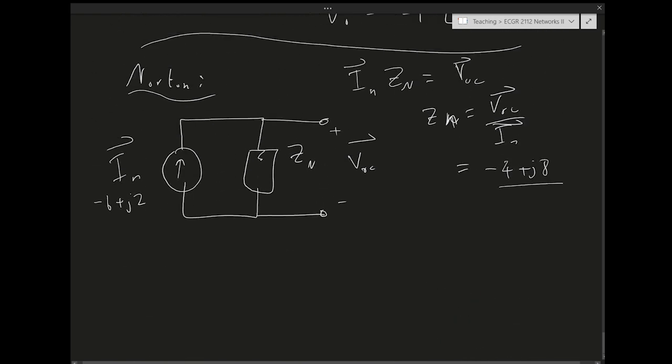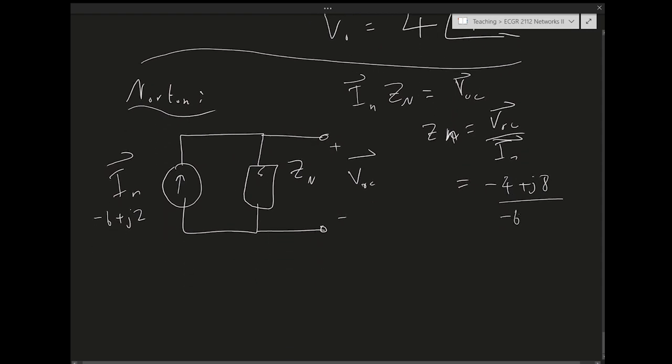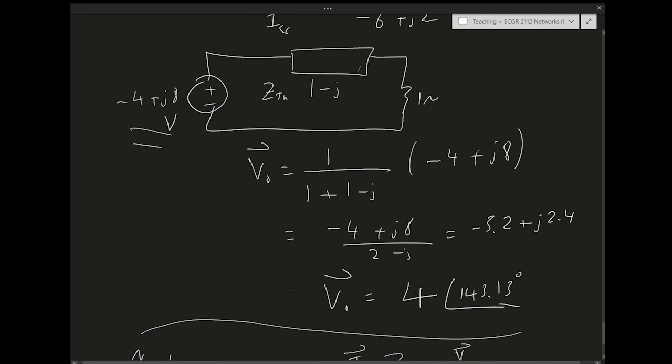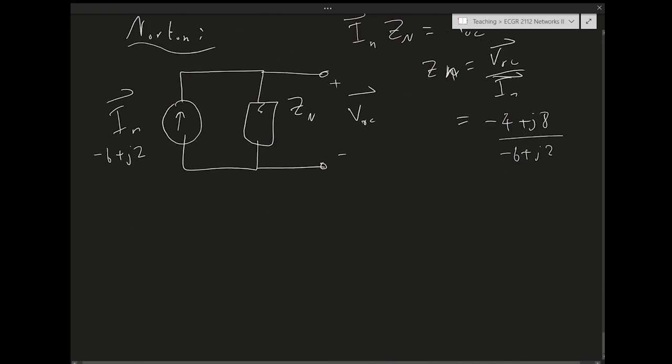And I Norton is equal to the I short circuit, which we already calculated: minus 6 plus J2. But that's exactly equal to Z Thevenin: minus 4 plus J8 over minus 6 plus J2. So the Norton impedance and the Thevenin impedance are exactly equal.